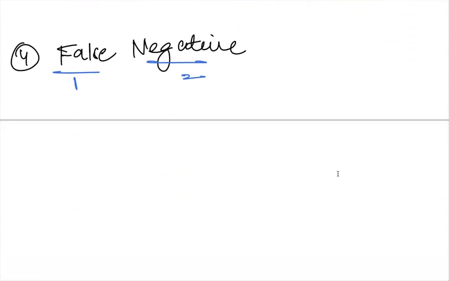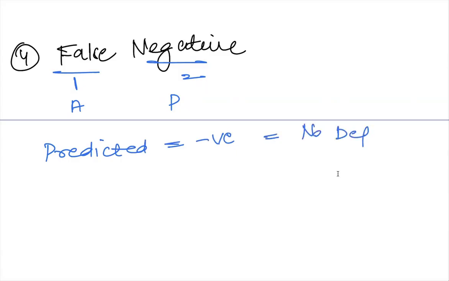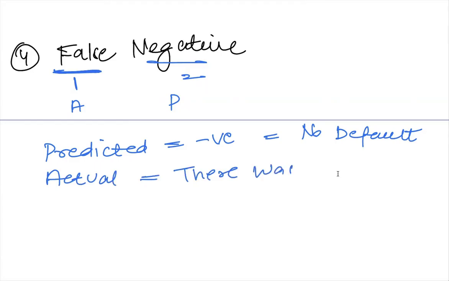And then false negative means the model predicted negative, which means no default. But it is false, which means in actual, there was a default. Is this clear?